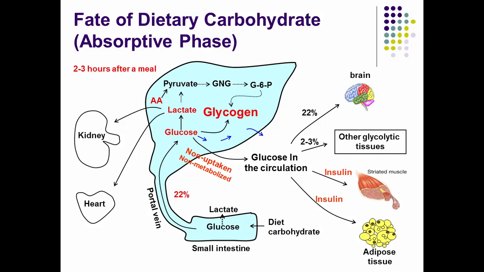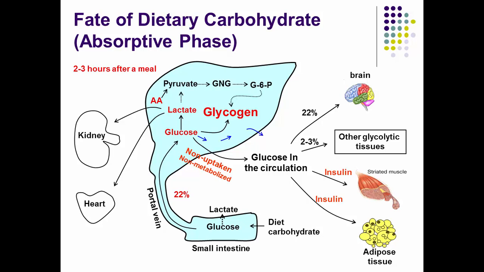The glucose can directly be used to synthesize glycogen, and also indirectly, some of the glucose goes through partial oxidation and produces lactate, and some amino acids also contribute to glycogen synthesis.